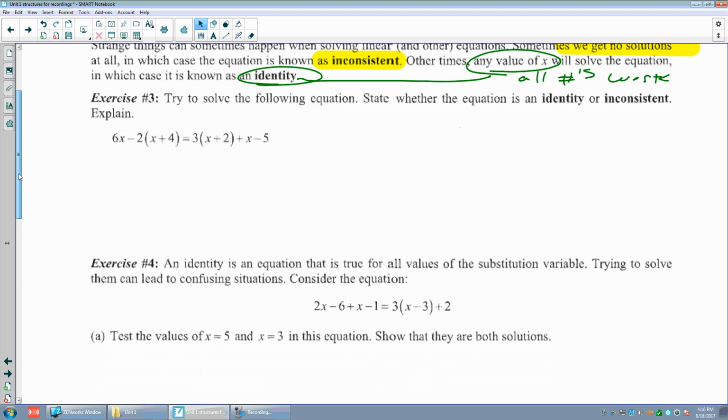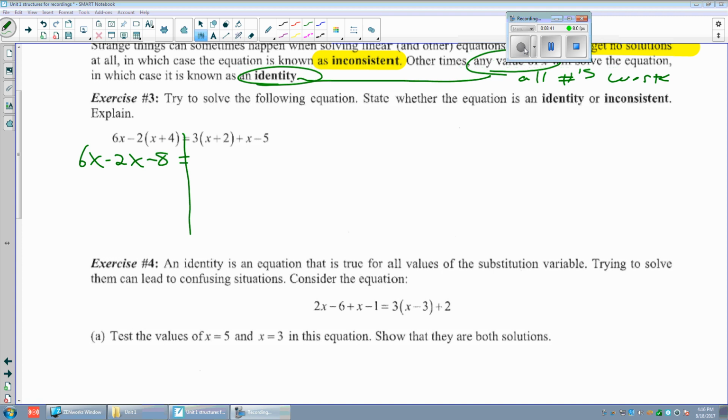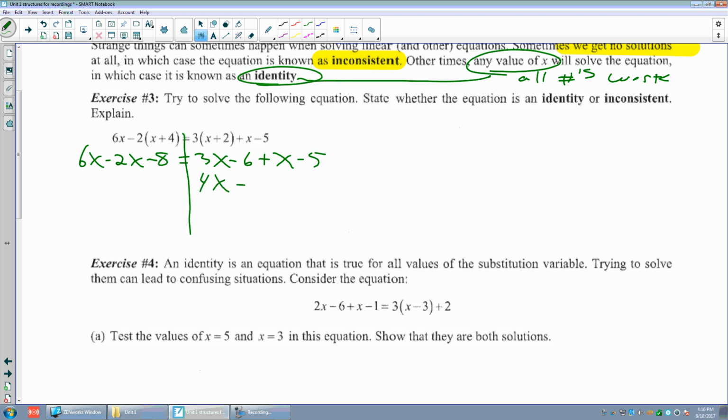Well, let's solve this problem. The first thing we do is distribute. And then we get 3x minus 6 plus x minus 5. Now we're going to combine like terms. 4x minus, hang on, that's a plus 6, plus 1. And then over here, we get 4x minus 8.